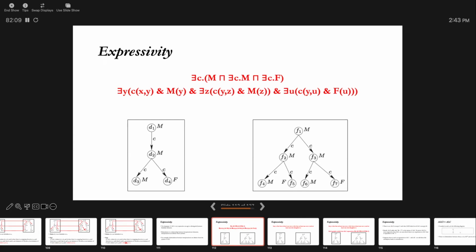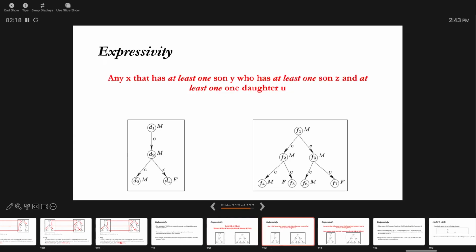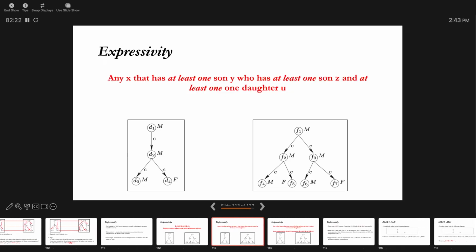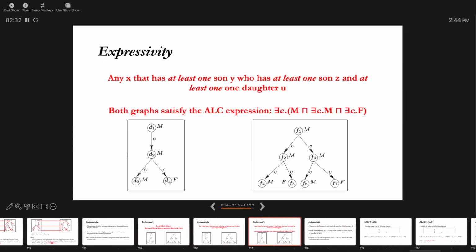That is what that sentence on top says in description logic. Now, if you just want the English: any x that has at least one son y, who has at least one son z, and at least one daughter u. Natural language version.